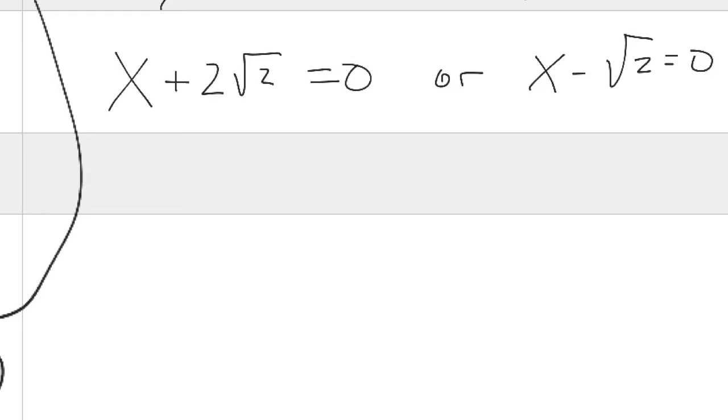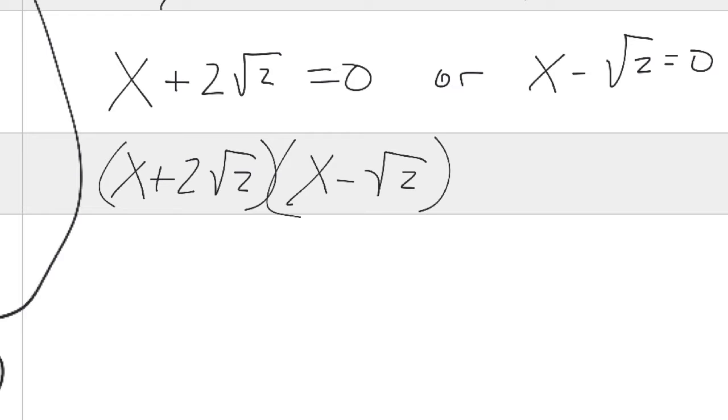And then you can combine those two separate equations into one equation, because they're both equal to 0. x plus 2 square roots of 2 times x minus square root of 2 is equal to 0.